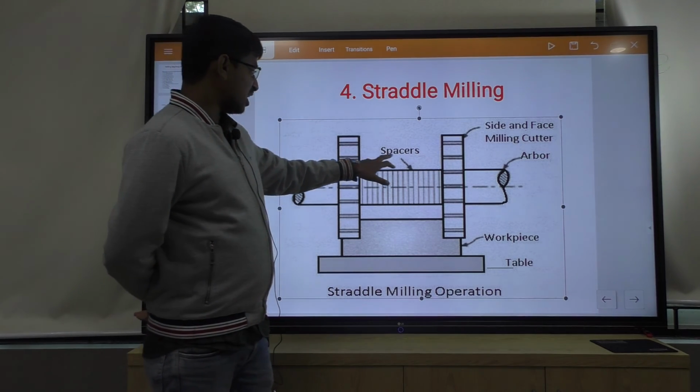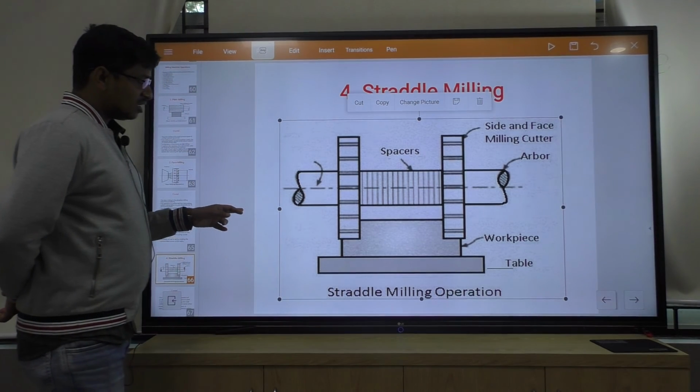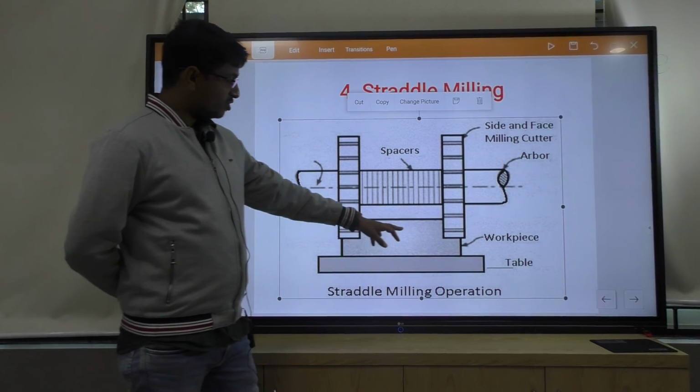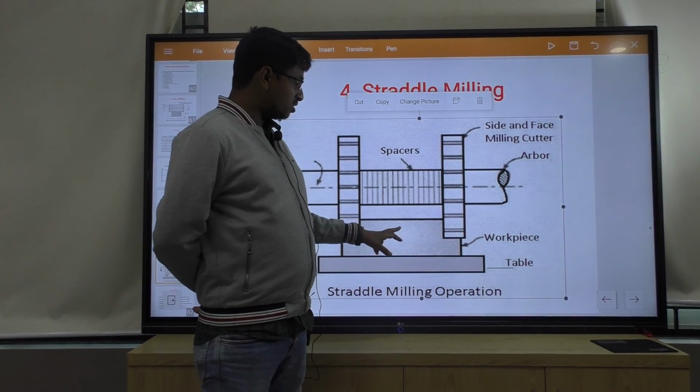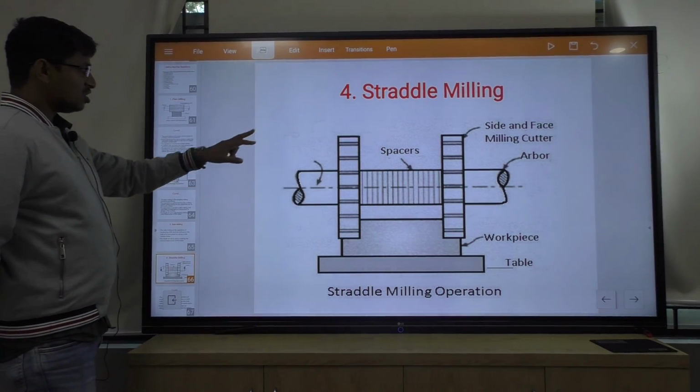This is one side milling cutter and this is one side milling cutter. If side milling cutters produce vertical surfaces on both sides of the workpiece simultaneously, that is called straddle milling.